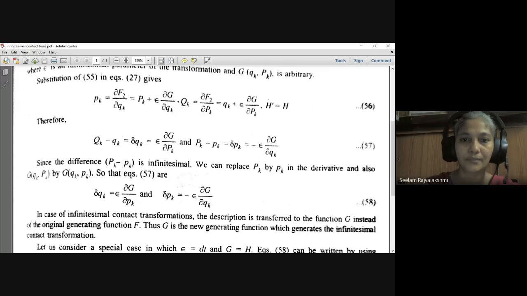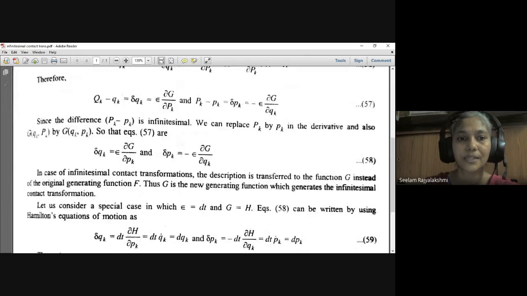This is equation number 58. In the case of infinitesimal contact transformations, the description is transferred to the function G instead of the original generating function F. Thus G is the new generating function which generates the infinitesimal contact transformation.